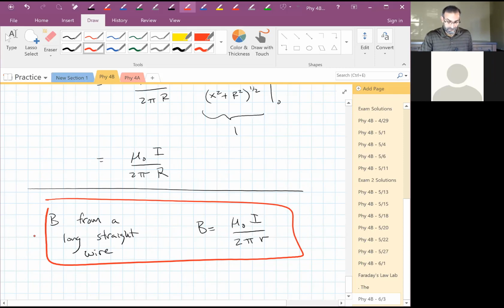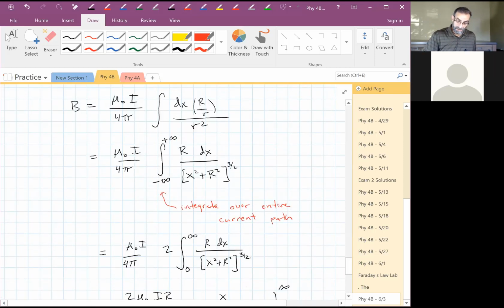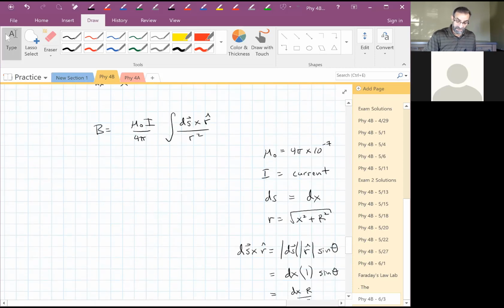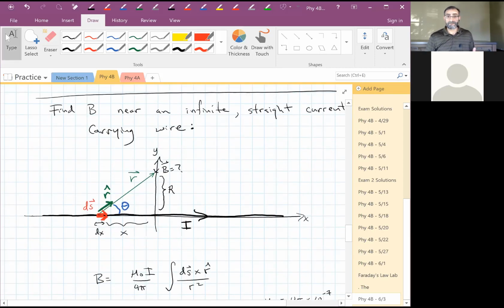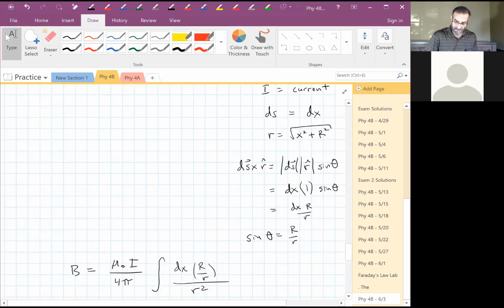So in general here, okay, we can get that from Biot-Savart Law. It's not too bad. But it doesn't have to be an infinite wire. The nice thing about this formula, it can be any segment of wire. It just, the limits change, right? The limits change.